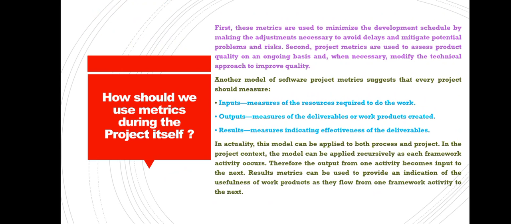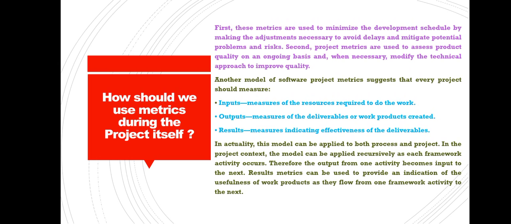Next, coming to the concept of how we should use metrics during the project itself. The project metrics will be considered in a twofold process. First, these metrics are used to minimize the development schedule by making the adjustments necessary to avoid delays and mitigate potential problems and risks.